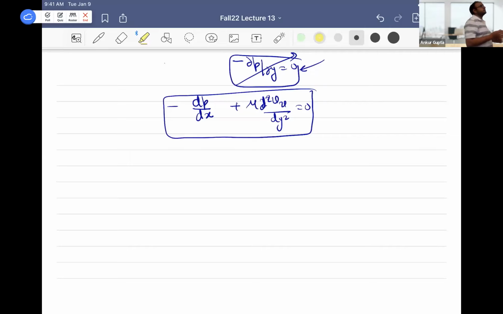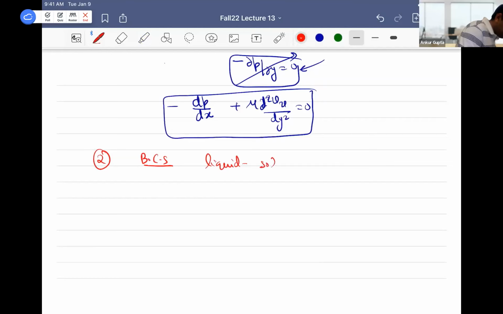Any other questions? All right, so we have this equation, and let's now focus on the boundary conditions. This is a liquid solid interface. So what are my boundary conditions at a liquid solid interface? No slip and no penetration, right? This is a stationary solid, these are plates. So Vt is equal to 0 and Vn is equal to 0.